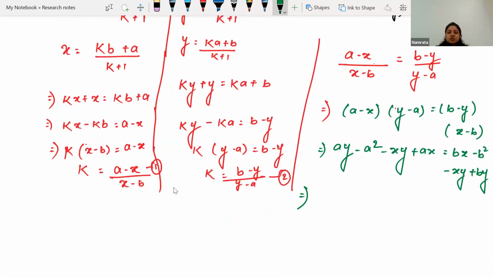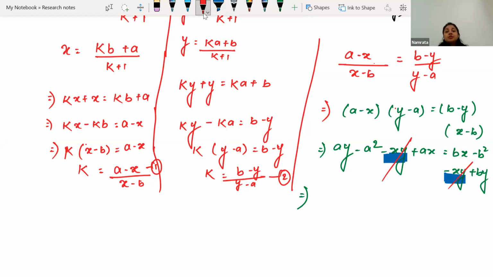Okay. So here I can see minus xy, and there is also minus xy. Eventually both will cancel out each other if you keep both of them on one side. One is on the left hand side, another is on the right hand side, so when you keep them on one side, they cancel out.